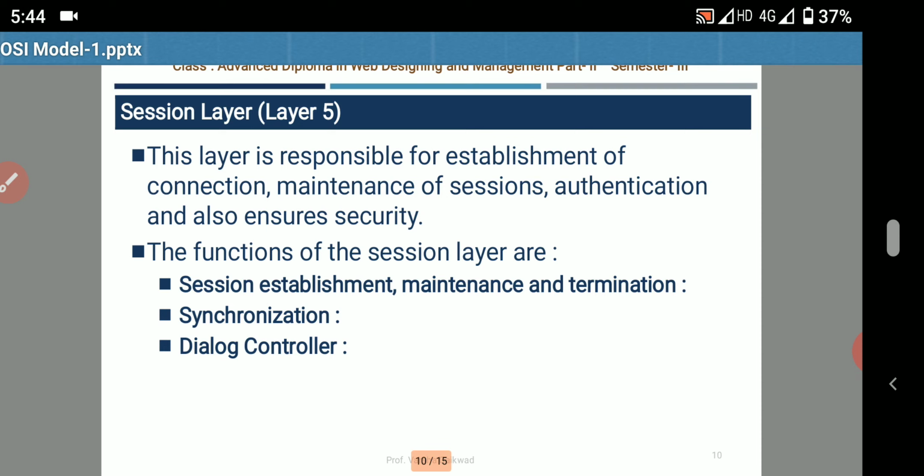Like whenever you log in to your computer, it asks for ID and password, and that ID and password is stored in some server. So when you enter your ID and password, it is matched to check if it is correct or not, and then only you are able to log in to your computer. So that is nothing but authentication.